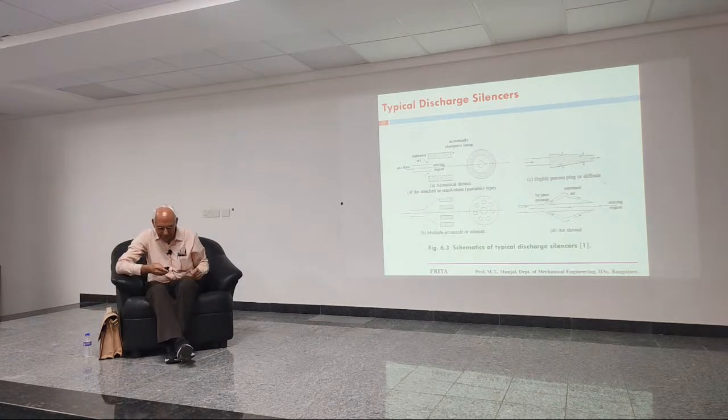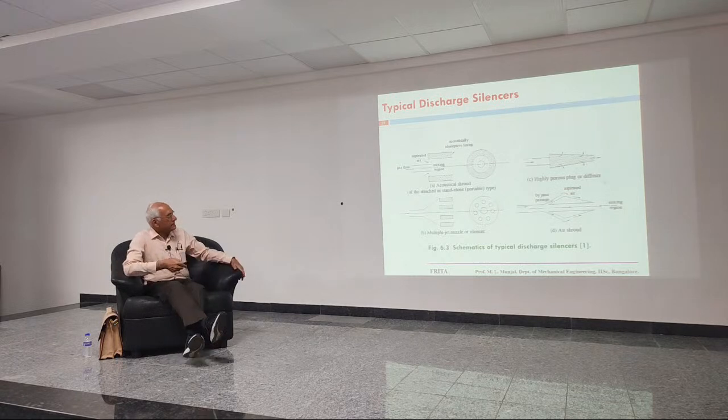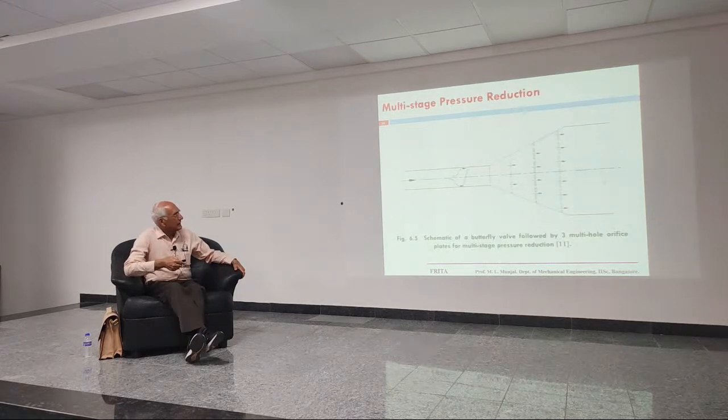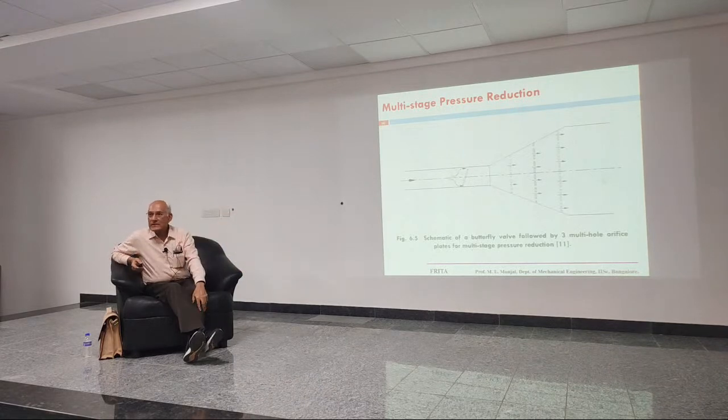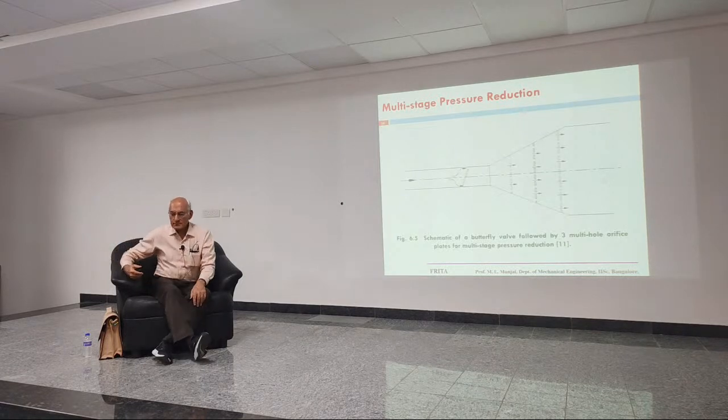Okay, we'll continue. Now this is another thing I was telling you, that we have very high pressure applications. I repeat the example, as some may not have attended the first or second day's lecture.